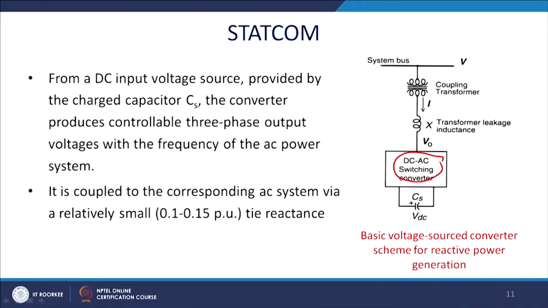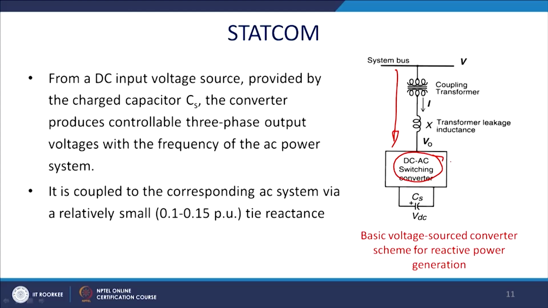If the excitation of the machine is controlled so that the reactive power varies in a specific manner to the system or bus, then we can generate the reactive power required by the bus. Now, what is STATCOM? The principle of operation will be the same, but here you will have DC to AC switching, and also AC to DC switching, we will have both, but generally in this direction.